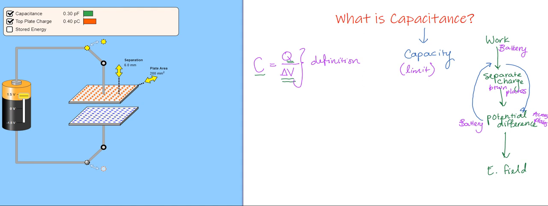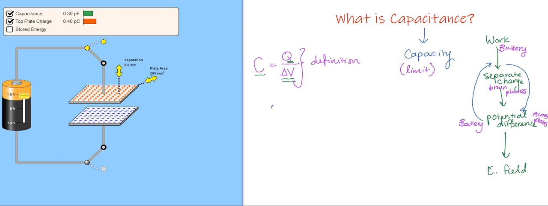I establish a potential difference across the plates by separating charge or putting a quantity of charge on one of the plates. And so this process is dependent upon itself. So you see here that the capacitance is not dependent on the amount of charge independently, nor the potential difference across the plates. It is set by something else that we're going to take a look at in the next video.